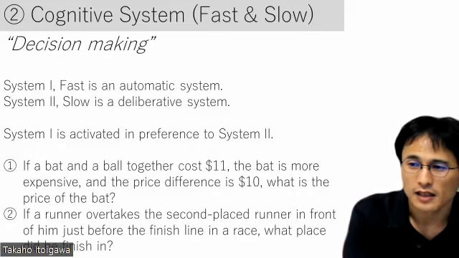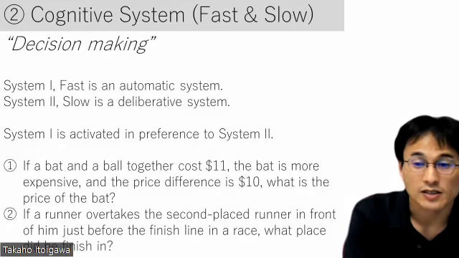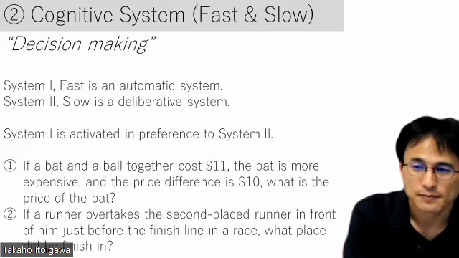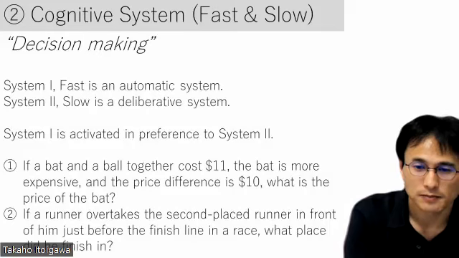It is an intuitive cognitive system, like seeing a snake in the wild and being afraid. The second way is known as System 2 and is called the deliberative or slow system. It is the deliberative cognitive system, such as reading a newspaper or working out a math problem.